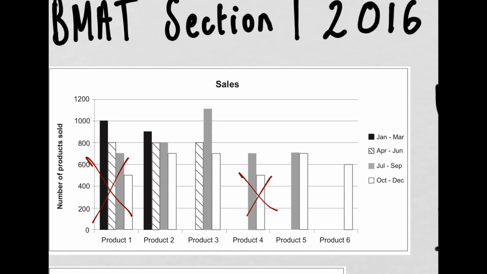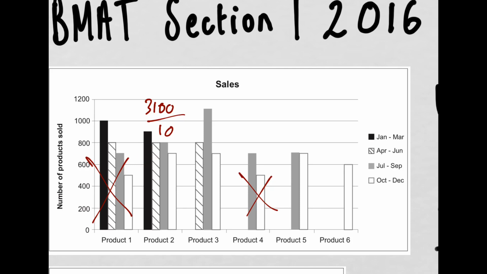For product 2, 900 products were sold, plus 800, that takes us up to 1700, plus another 700 takes us up to 2400, plus finally 700, which is 3100. So 3100 over 10 months, given that it started in March.